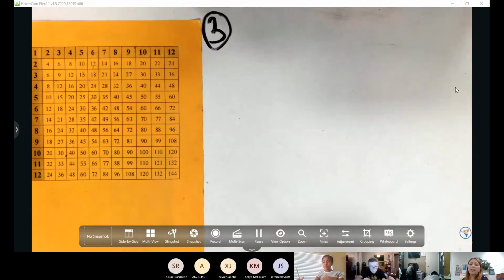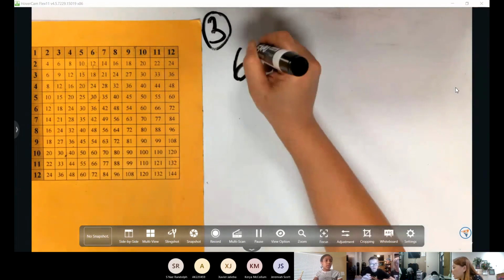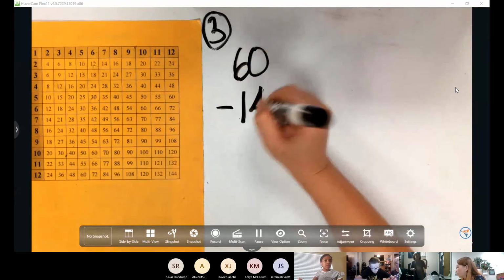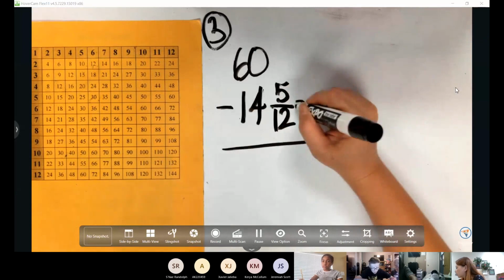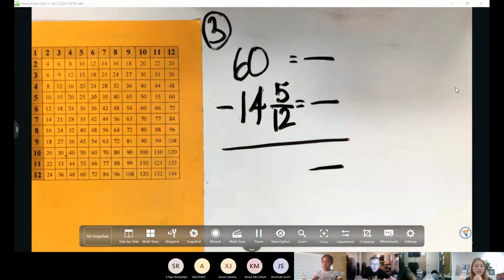In order to find how much land he left as just bare land, we have to take his total, which was 60 whole, and subtract 14 and 5 twelfths. What is wrong with this picture?